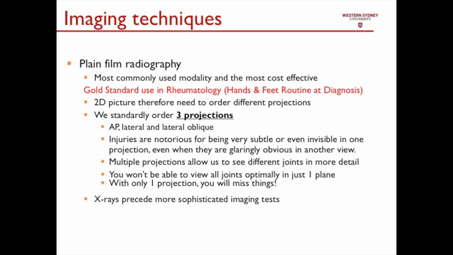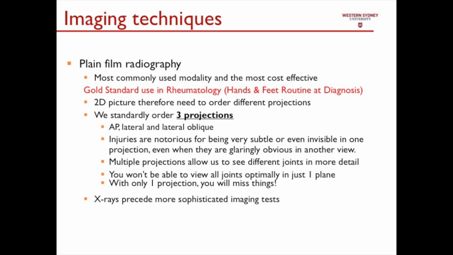With an X-ray, we would see a 2D representation. Therefore, we will often need to ask for different projections. Standardly, we may order 3 projections: the AP projection, lateral and lateral oblique are probably the most common for getting a full appraisal of the foot.